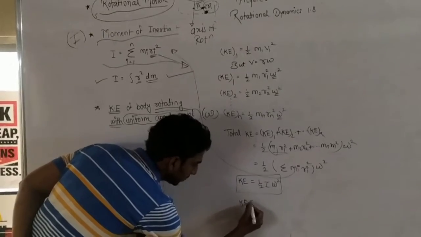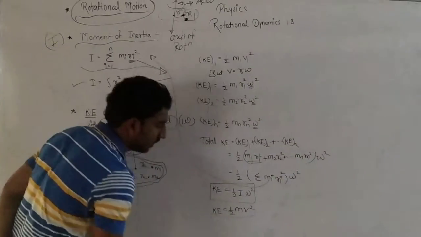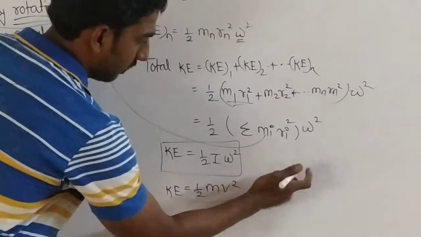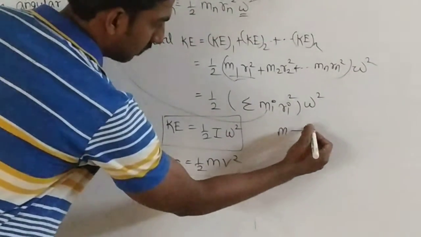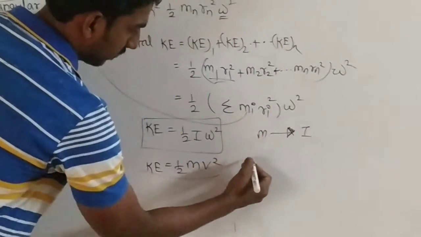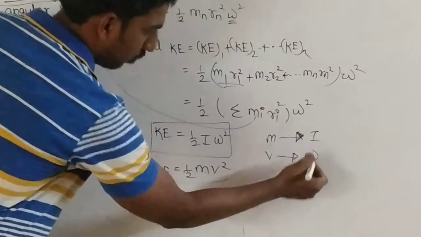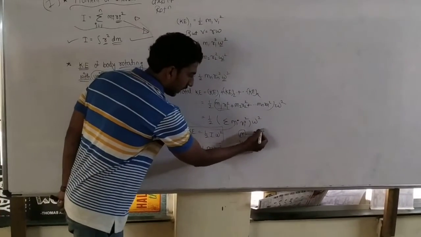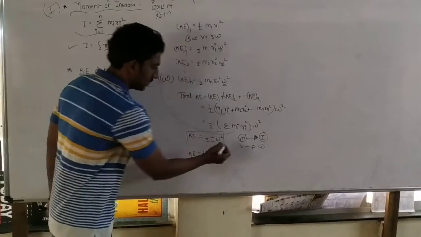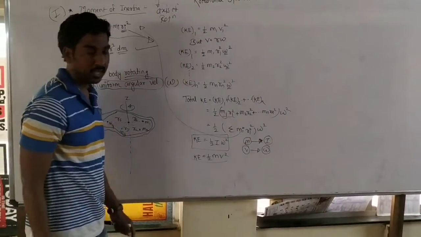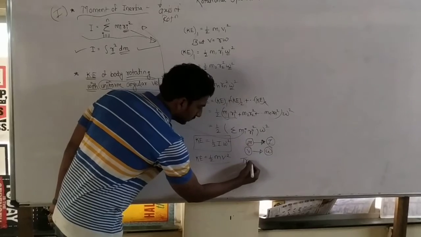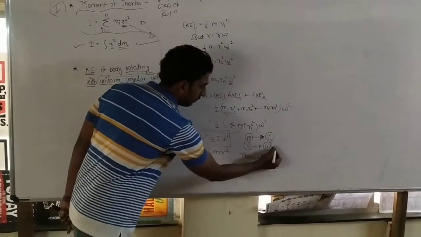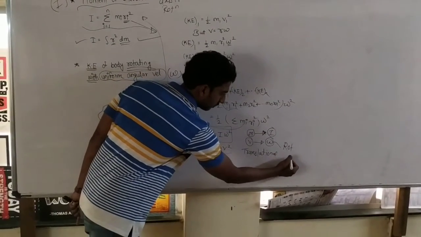If you compare with our basic formula, half mv square, you can see that m is replaced by I, and v is replaced by omega. The rest of the things are the same. This means m and I are analogous to each other, and similarly v is analogous to omega. m and v come when there is a translational motion, and I and omega come when there is a rotational motion.